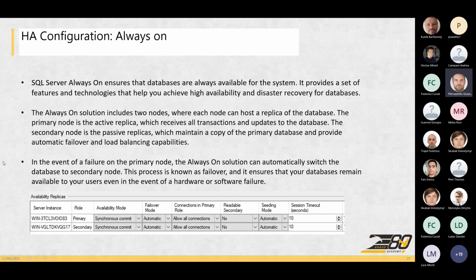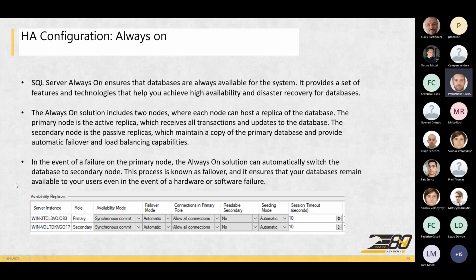The secondary node is the passive replica that maintains a copy of the primary database and provides automatic failover and load balancing capability, but typically we use it for automatic failover when necessary. So in the event of a failover on the primary node, the Always On solution switches automatically to the secondary database, and this is very important to provide high availability of the system.